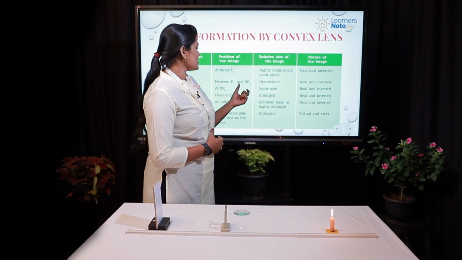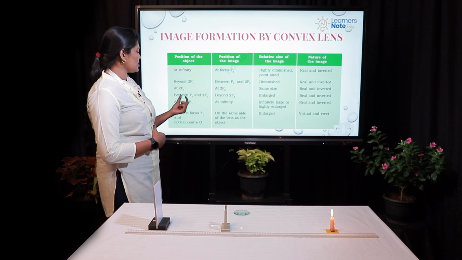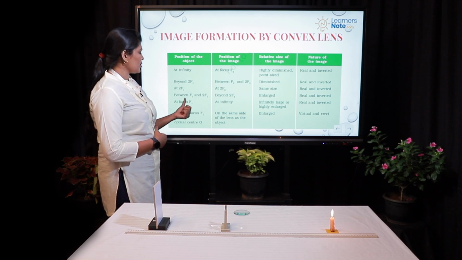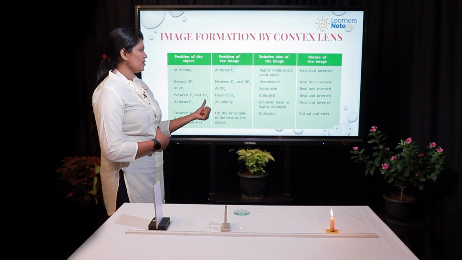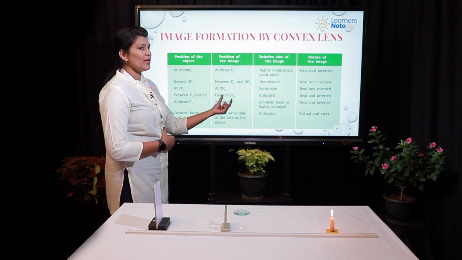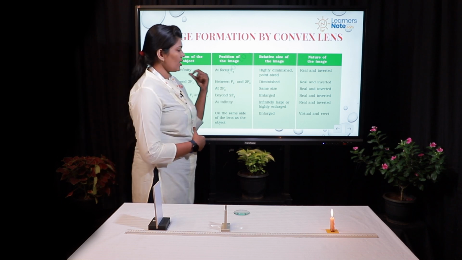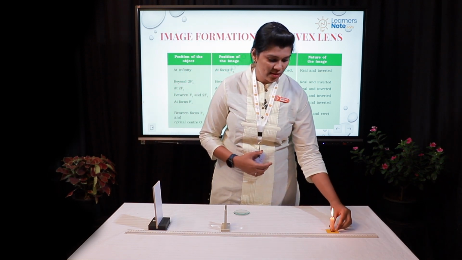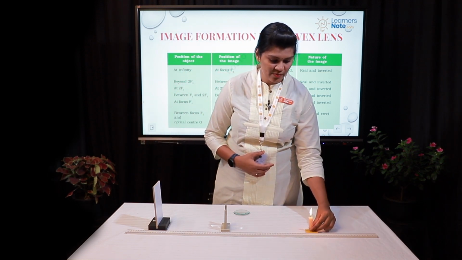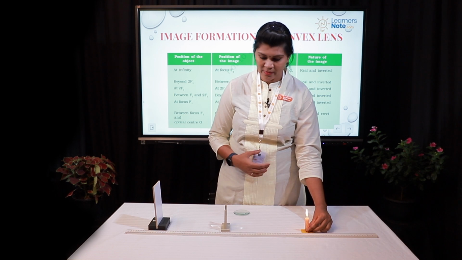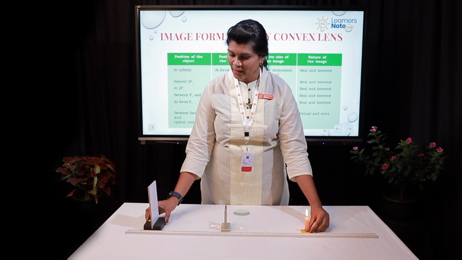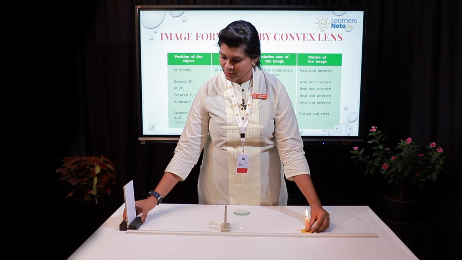Then in the next case, if the object is placed between f1 and 2f1, the image will be formed beyond 2f2.